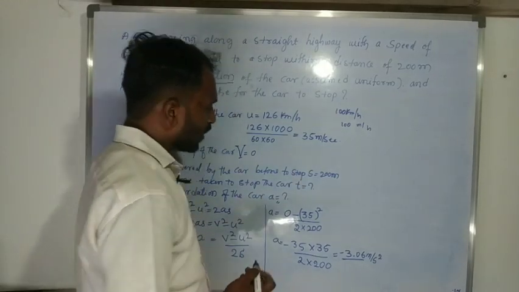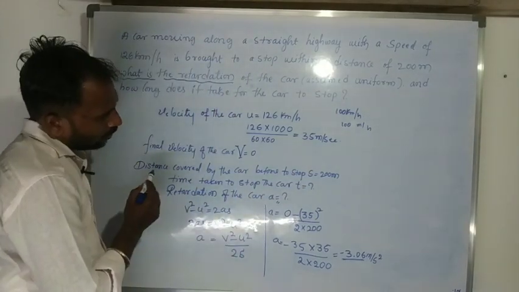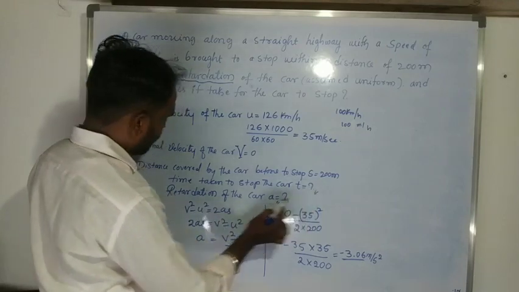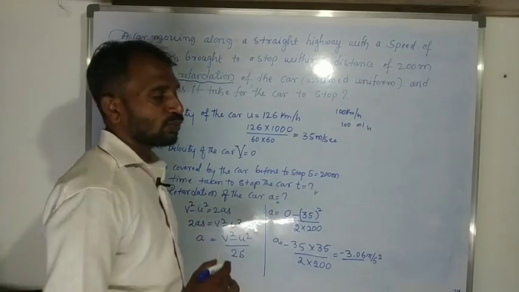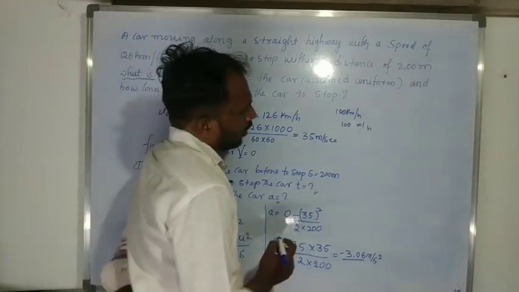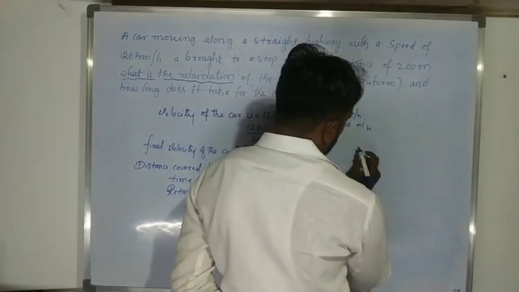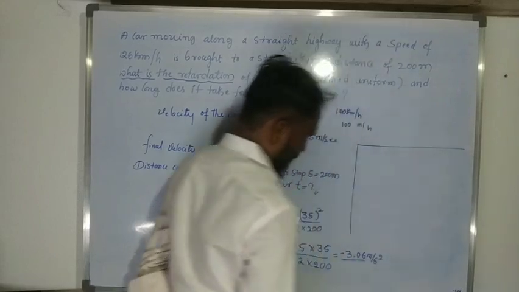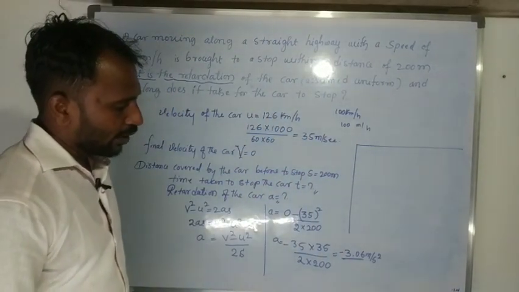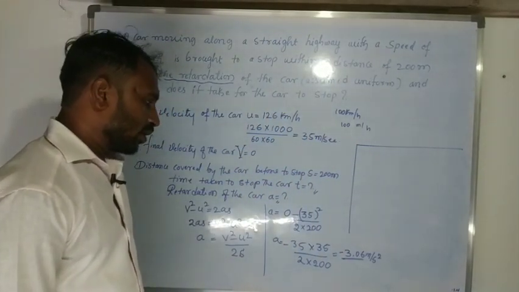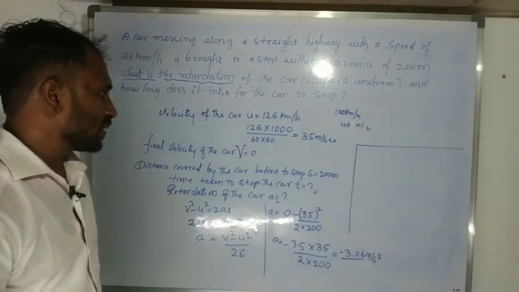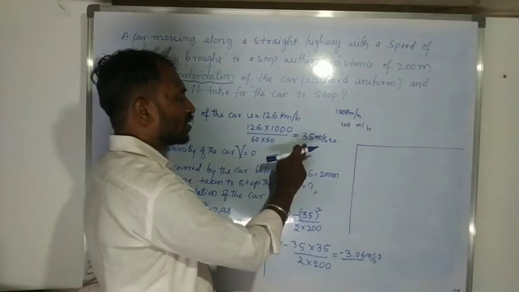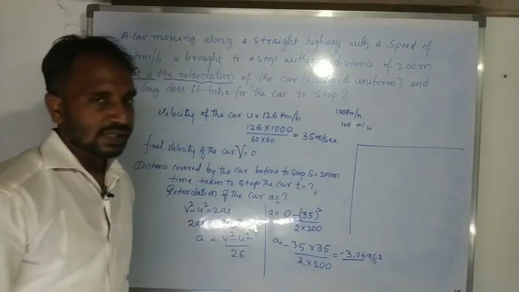Okay, next one, we want to find out the time taken to stop the car. We already know the acceleration value 3.06 and the initial velocity 35 meter per second.